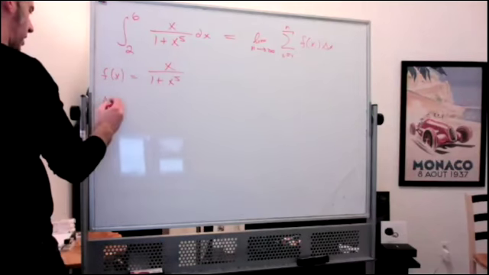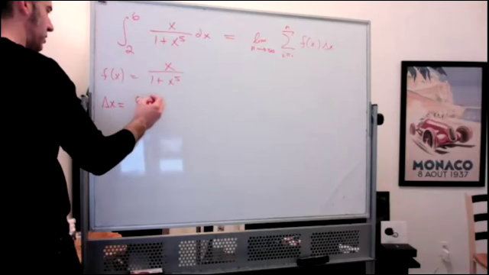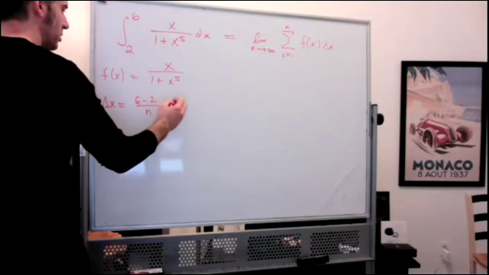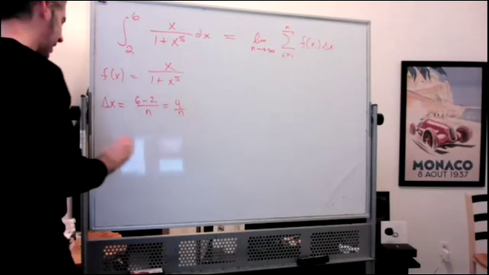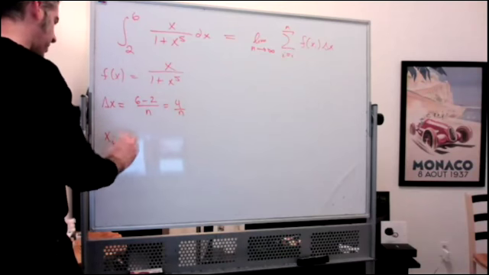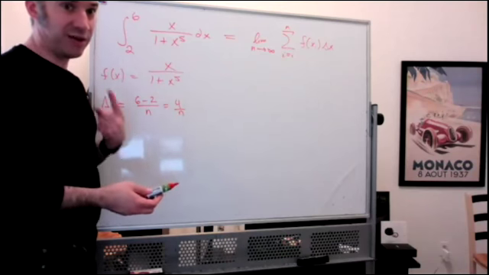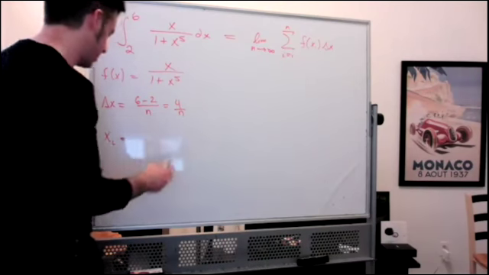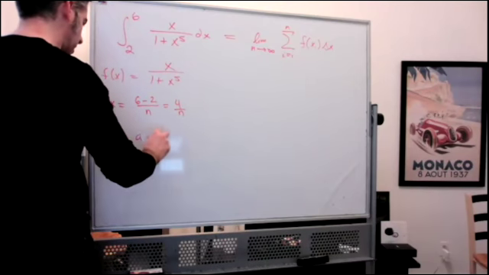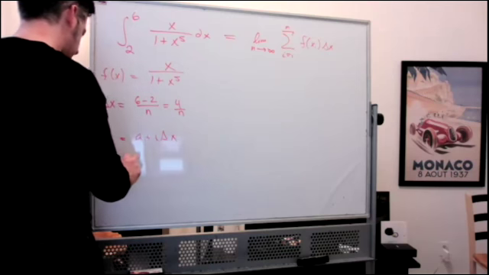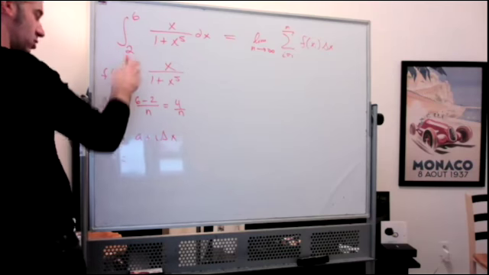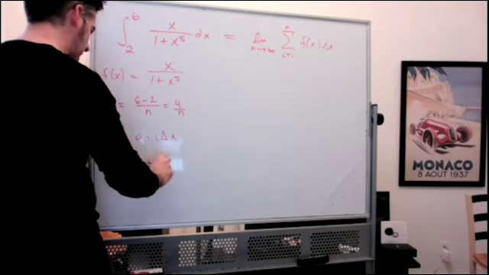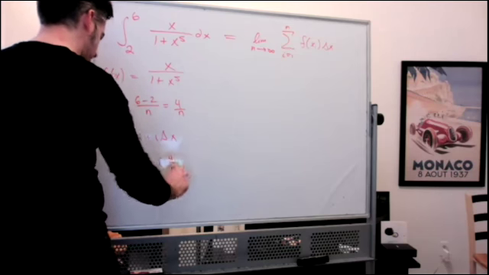So delta x is 6 minus 2 over n, which is 4 over n. And x sub i, remember, is a plus i times delta x. So that's 2 plus i times 4 over n.